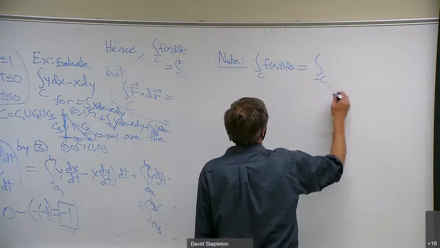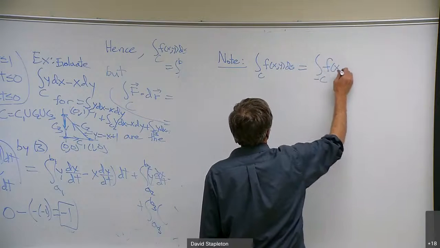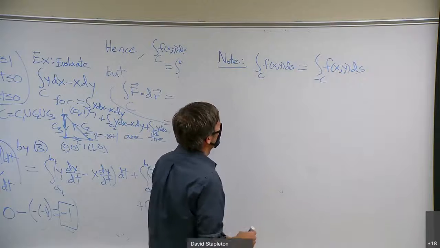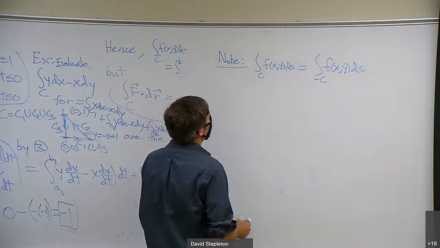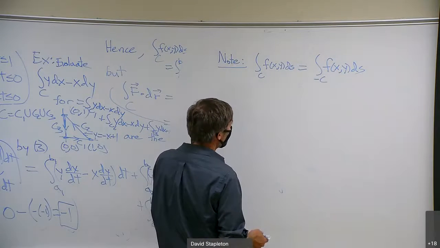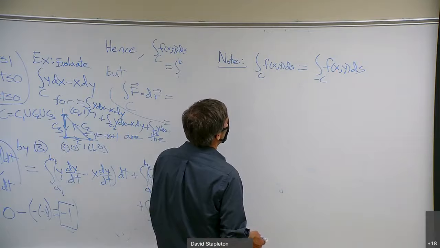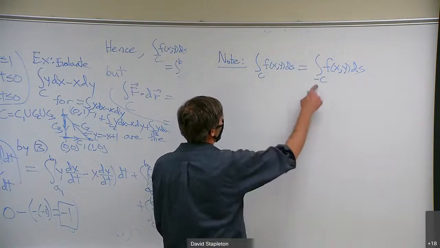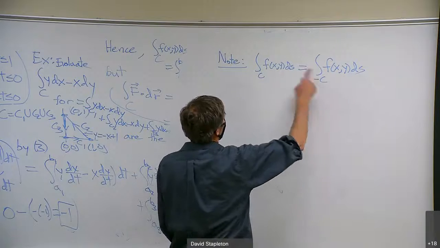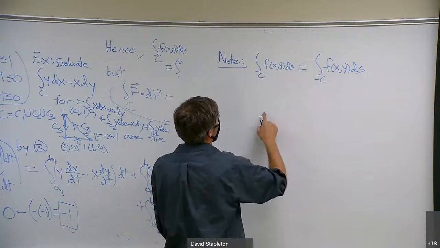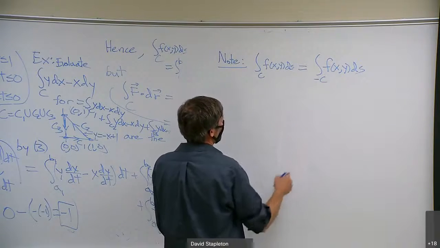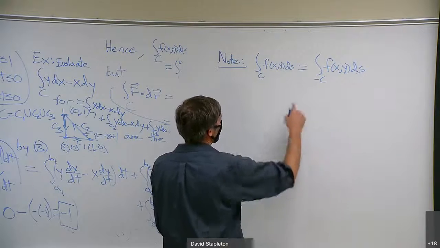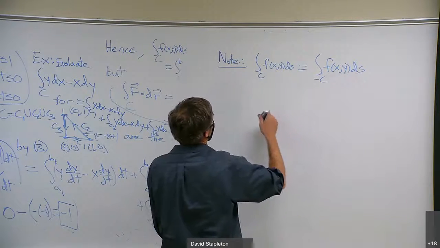If you call minus c traversing the curve in the opposite direction, you get the same value. What happens is you just let t run from the one endpoint to the other, and this ds is always the positive square root. It gives you the same value. It's just, the arc lengths are positive whether you're moving from one end of the curve to the other or from the other back. Arc lengths ds, delta sk are always positive.